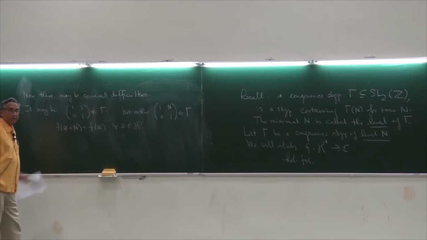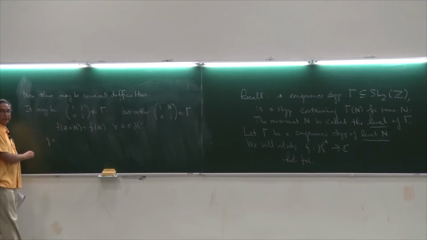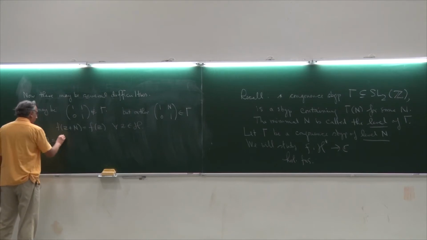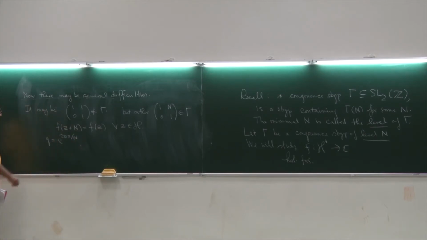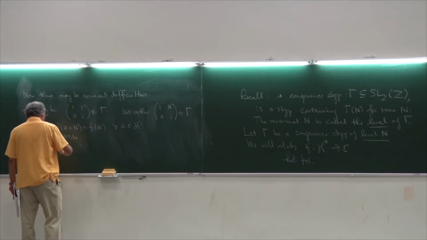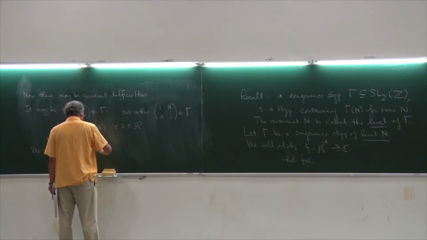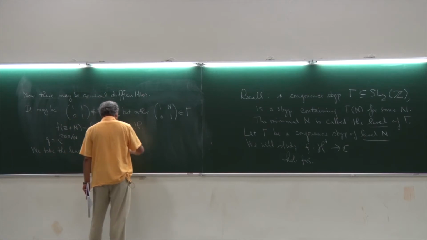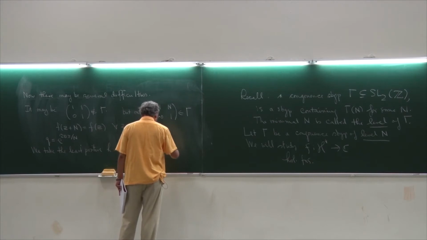So the periodicity is now period n, so it makes sense to parameterize not with q equals e to the 2 pi i z, but rather e to the 2 pi i z over n. This may be the variable for discussion. In fact, what we do is we take the least positive h such that 1h01 lies in gamma.